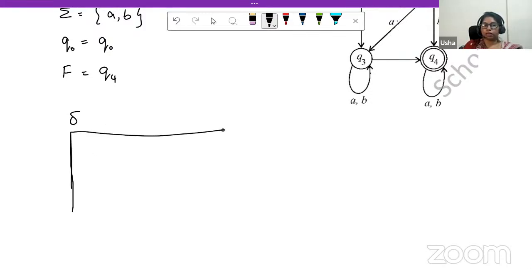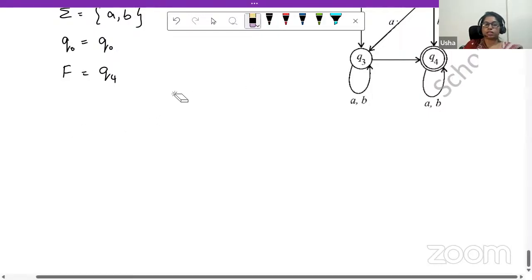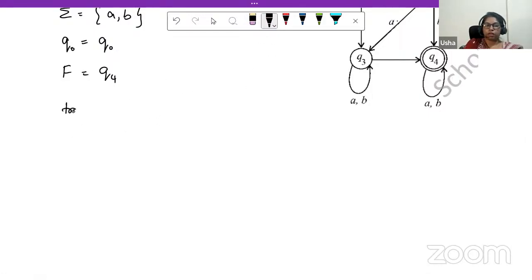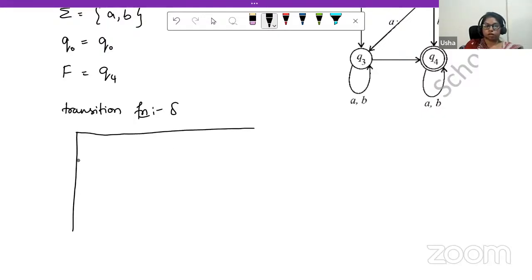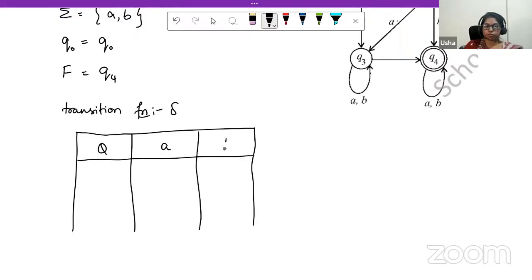In this table, we will write all the states in the first column, and these are the inputs A and B.